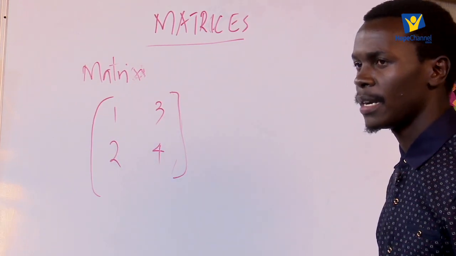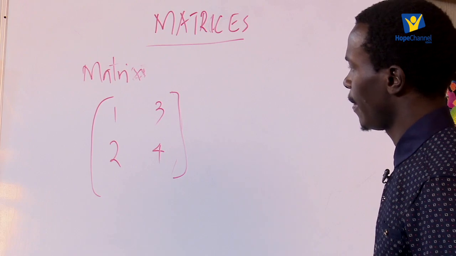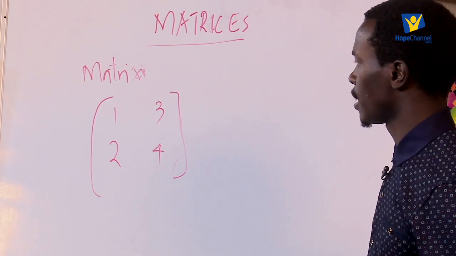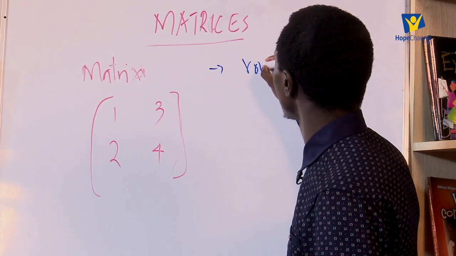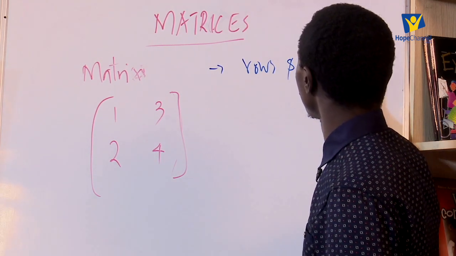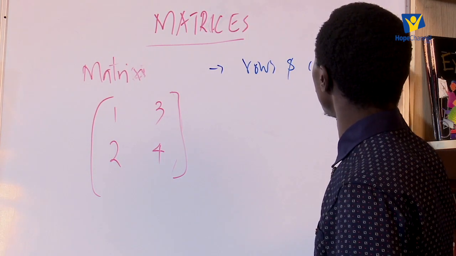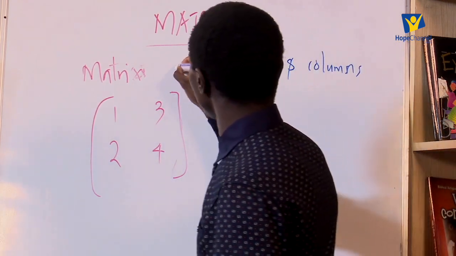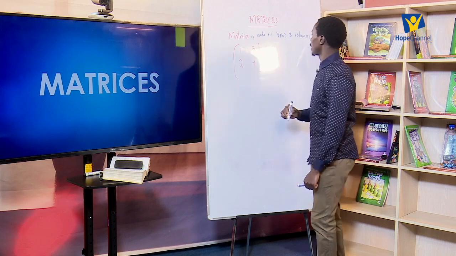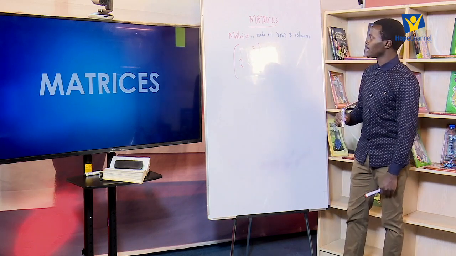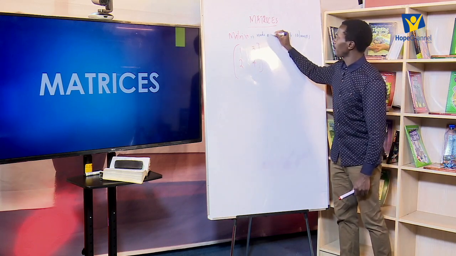Now the numbers have been arranged in such a way that there are rows and columns. Basically a matrix is made of rows and columns. When I say rows and columns, what do I mean?